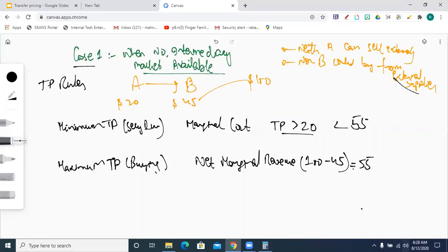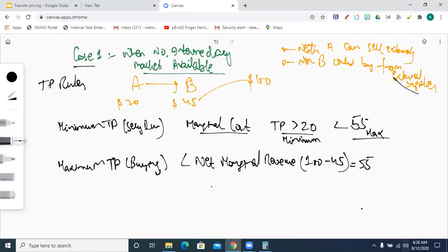So the minimum would be greater than the marginal cost, but the maximum limit imposed by the buying department would be less than the net marginal revenue. So the transfer price has that minimum set by the selling division, and that maximum.